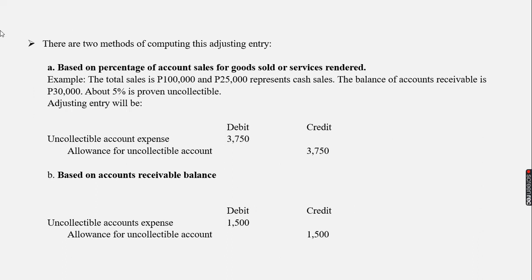And then, based on accounts receivable balance naman, doon lang tayo magbe-base sa 5% proven uncollectible, yung balance niya kasi is 30,000. So, kunin natin yung 5% ng 30,000 kasi yun lang naman yung balance ng accounts receivable natin.